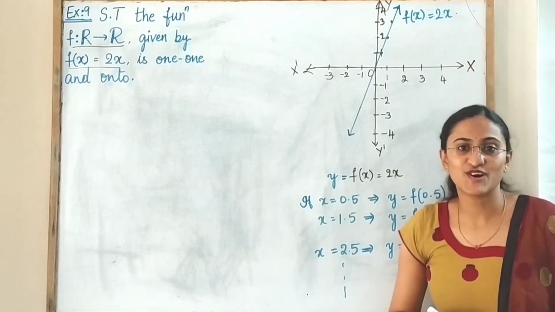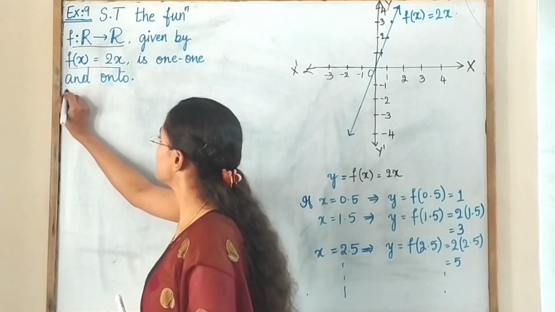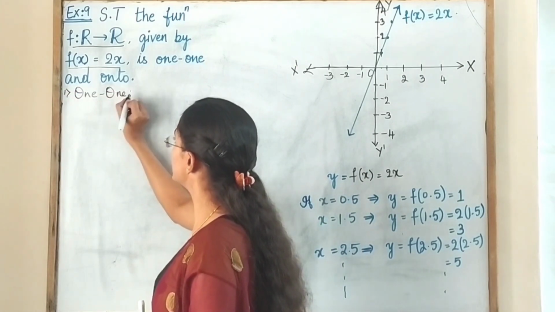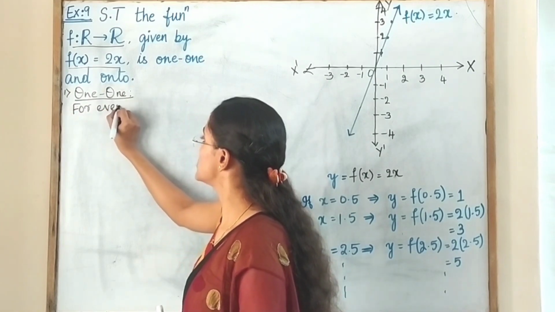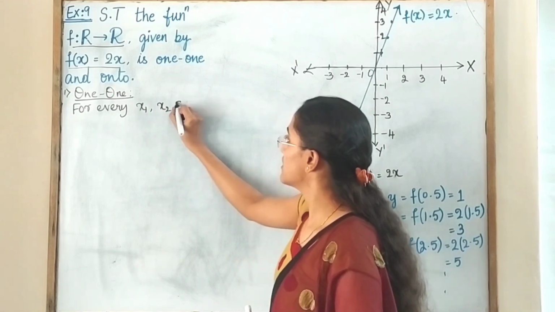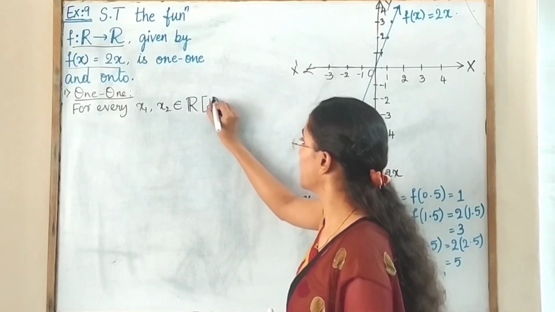This is the graph for the function f of x is equal to 2x. Now we shall solve this problem in the general way. The first one, that is for a 1-1 function, as per the definition, for every two elements, we shall choose x1 and x2 which belong to R, that is the domain.